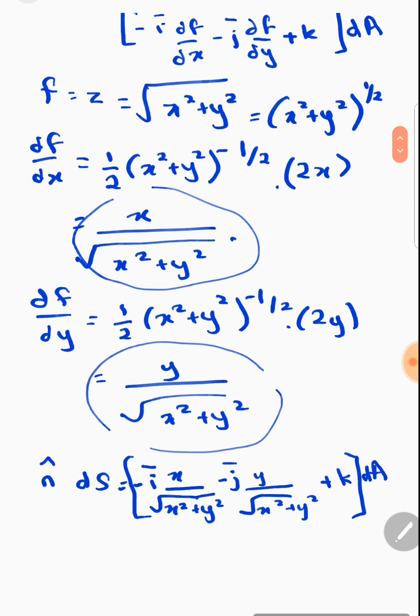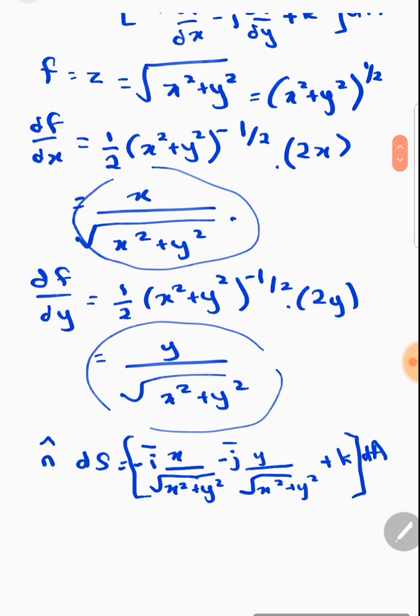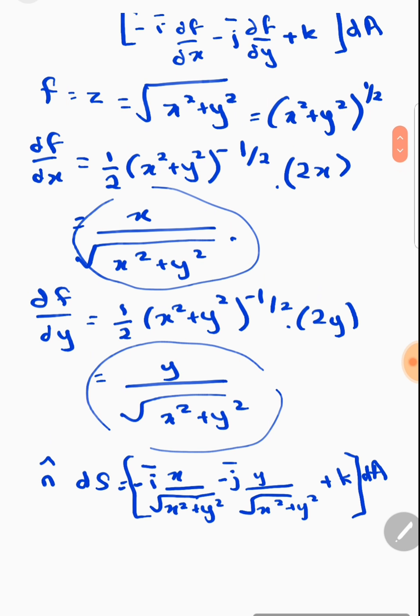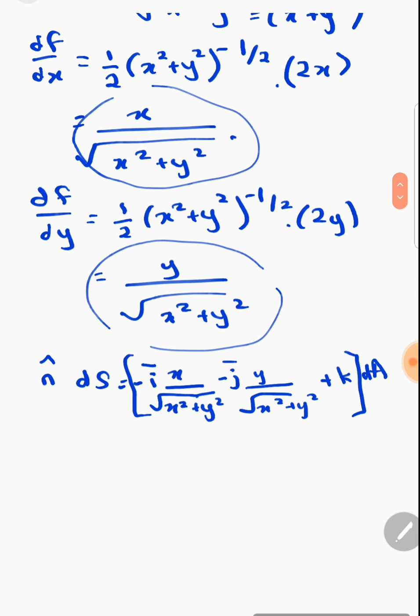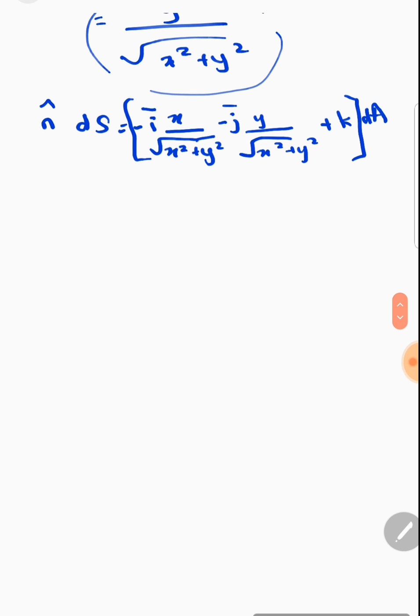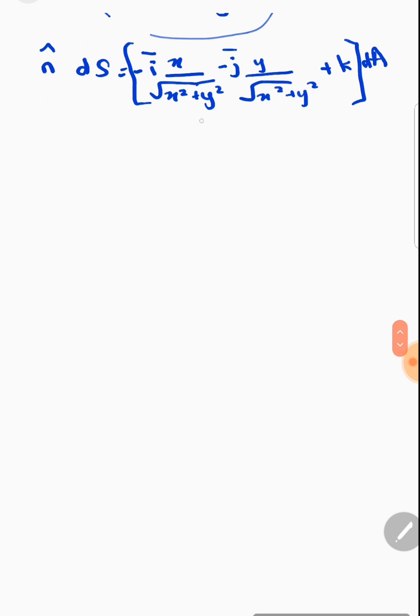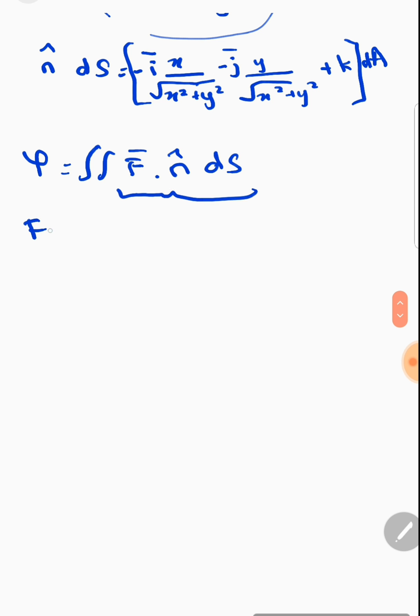By the way, I can also express this in matrix form. Do you know that we can actually express this in terms of the matrix form as well? If you recall, my flux earlier is F dot n cap dS. Remember this dot basically means the dot product. Let's solve the thing that's inside first.